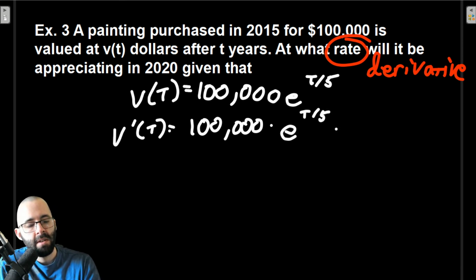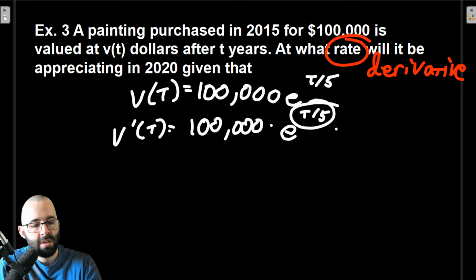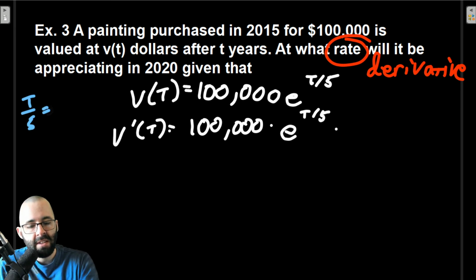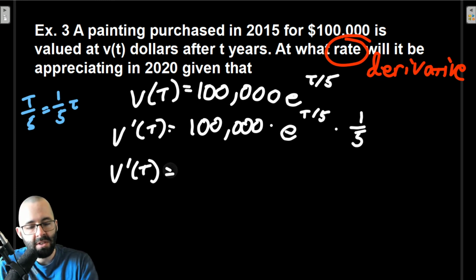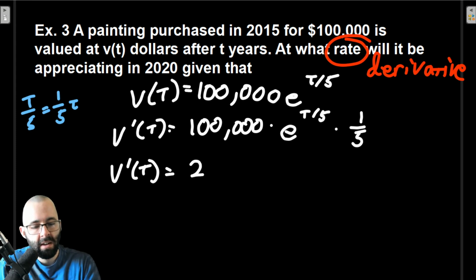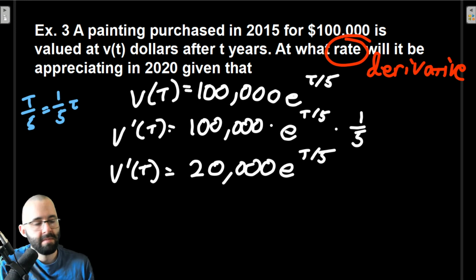Multiply, chain rule, by the derivative of the inside. And remember, t over 5, that's the same as 1/5 t. The derivative is just going to be 1/5. So v prime of t is actually just 1/5 of 100k, just 20k, times e to the t over 5.